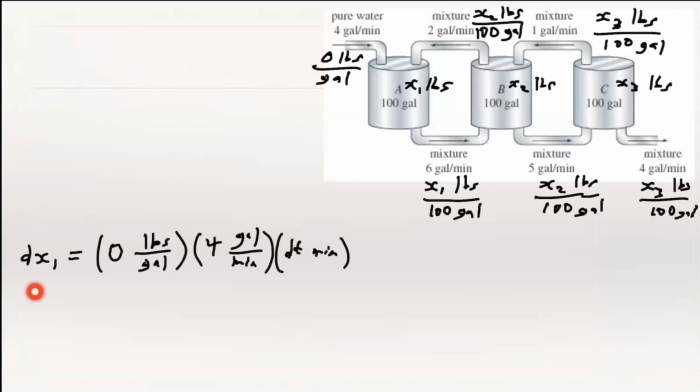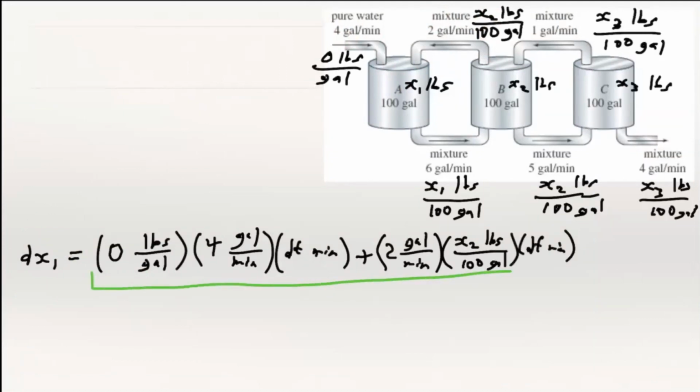So the amount of salt that came in from this pipe is 0, naturally. That's just spelling it out. But then there's also salt coming in from this pipe. And from that pipe, we have a flow of 2 gallons a minute times x2 pounds per 100 gallons times dt minutes.